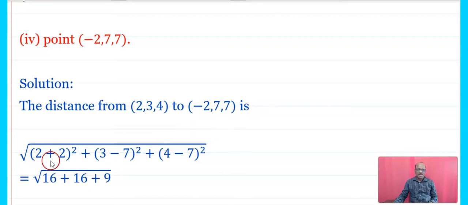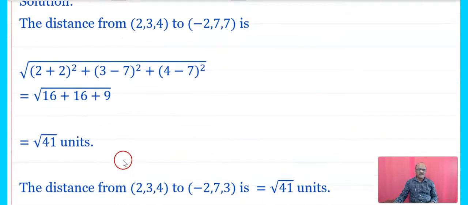Okay, and here the distance is 2 minus, in bracket, minus 2, 2 plus 2, 4 bracket square, which is 16. Next is 3 minus 7 bracket square, that is minus 4 bracket square means what, 16. And 4 minus 7 bracket square means what? Minus 3 square, which is 9. Okay, therefore 16 plus 16 plus 9, that is root of 41 units.